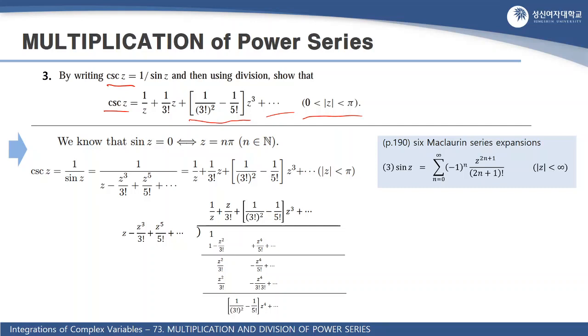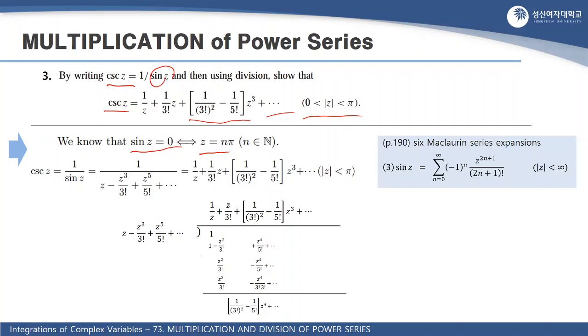In this case, for the singularity, we need to exclude the point g equal to n times pi here, where n is a natural number, which is equivalent to the condition sine g is equal to 0.